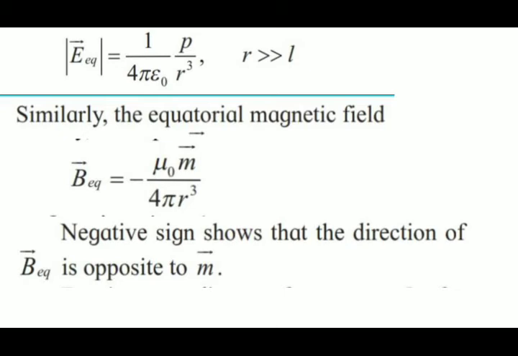If you take the south pole, you have the negative sign, that is the negative of pole strength, and when you have a north pole, it will have the positive sign. So when you solve this derivation for the positive type, B equator will be positive of mu naught upon 4 pi, m upon r cube. Fine. So it will be along the direction of the field.